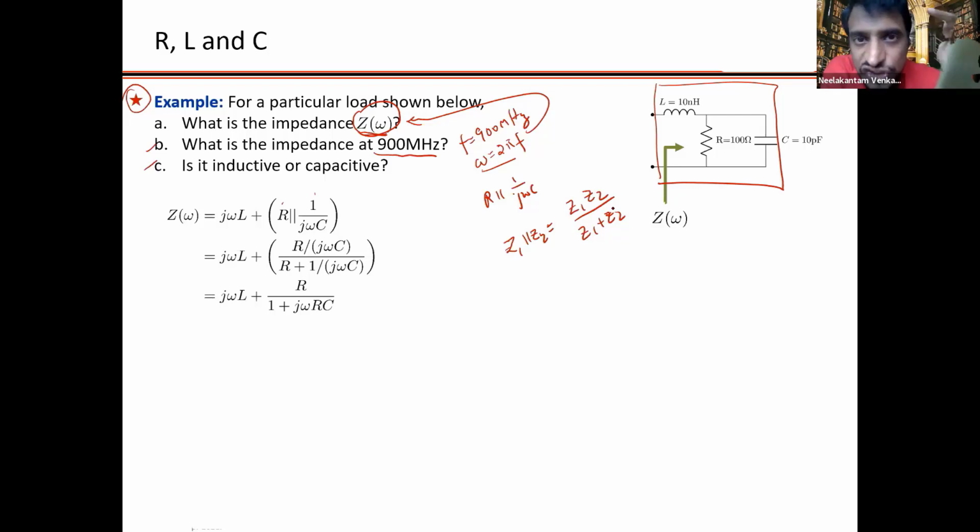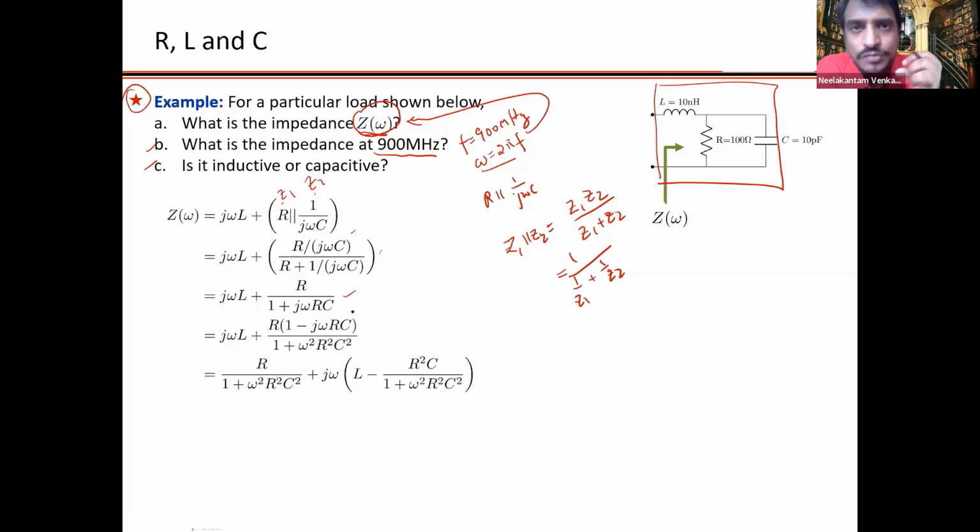It's exactly the same thing, but instead of just a real number R, we are using complex numbers Z1 and Z2. The same thing can be viewed as 1 over Z1 plus 1 over Z2. It's the same, yeah? This becomes my Z1, this becomes my Z2, Z1 Z2 becomes this, Z1 plus Z2 is this. So I end up getting this expression here.